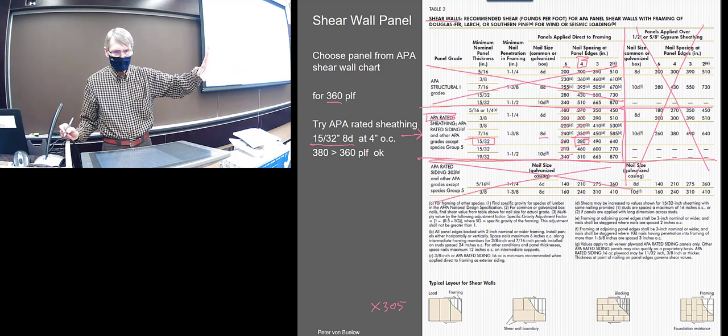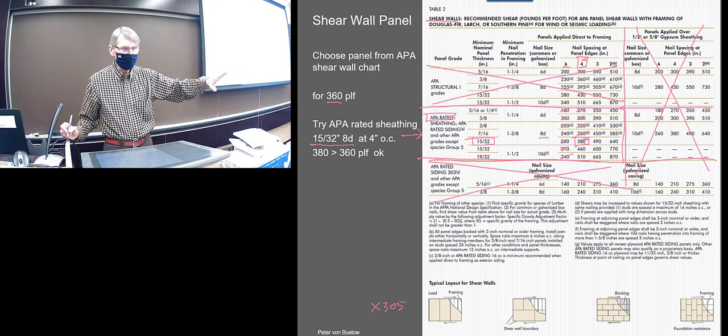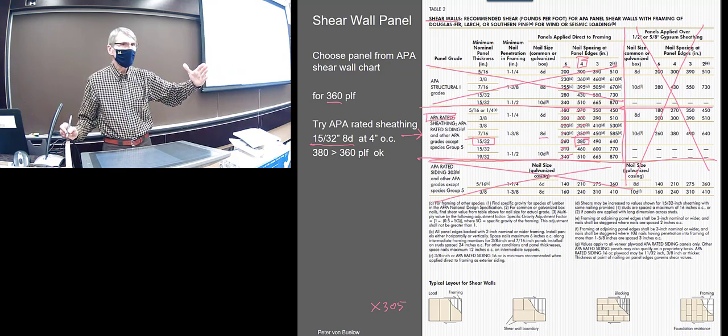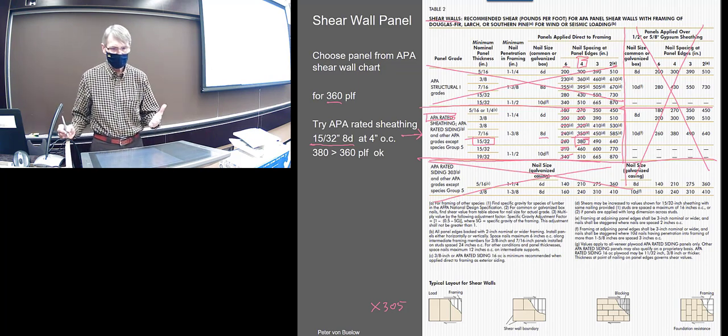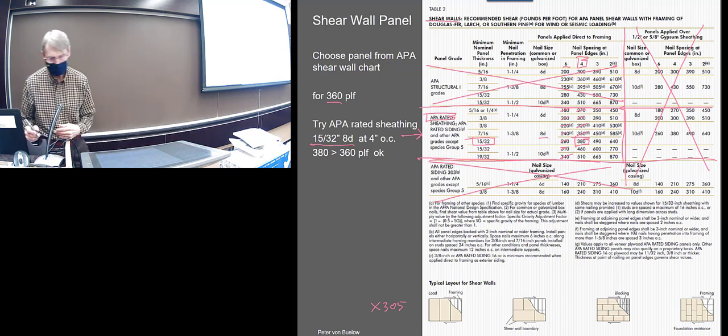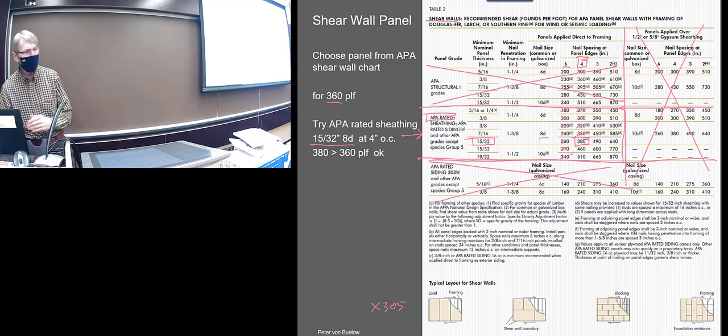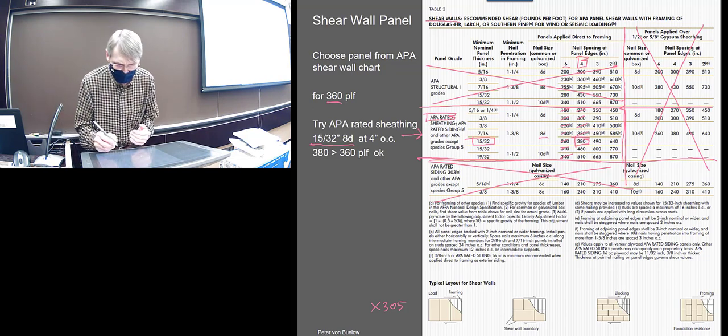You start, those ones on the left are the least demanding, right? And as you go to the right, they get stronger, but they also generally get more expensive. So as you put more nails in them, you could pick other ones.